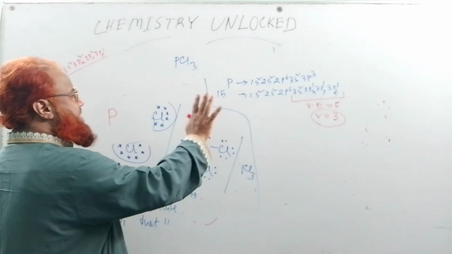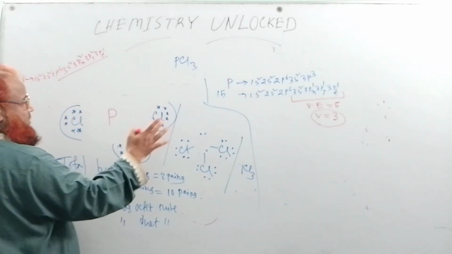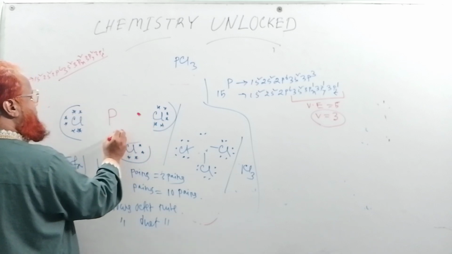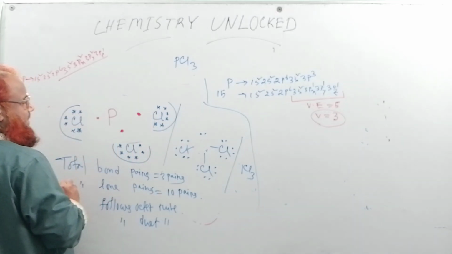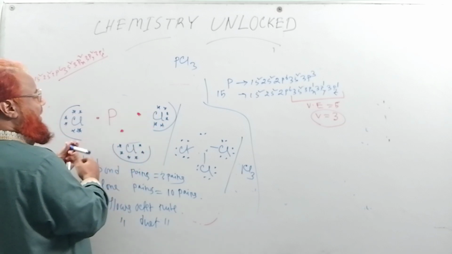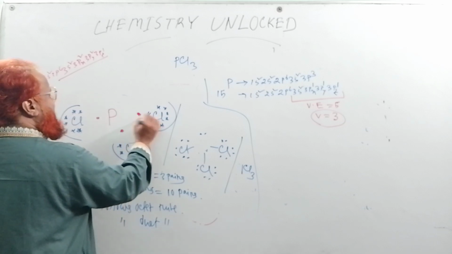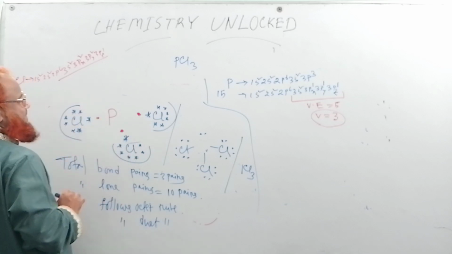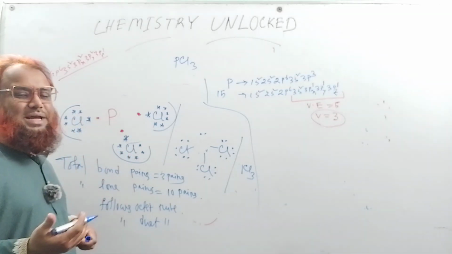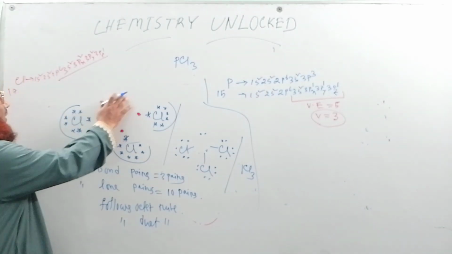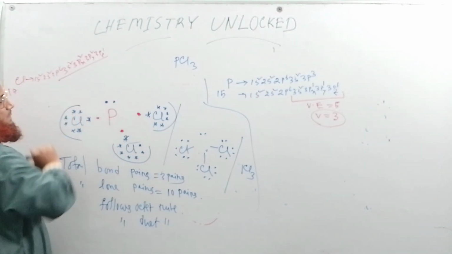Phosphorus has 5 electrons in the valency shell, and 3 are unpaired: 1, 2, and 3 are unpaired. Now from chlorine, 1 unpaired electron will come, then it becomes paired, and here it will be paired, and here it will be paired. Similar to sharing in nitrogen. And the lone pair of phosphorus is 1 pair.